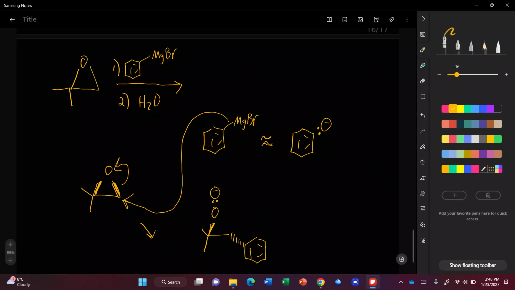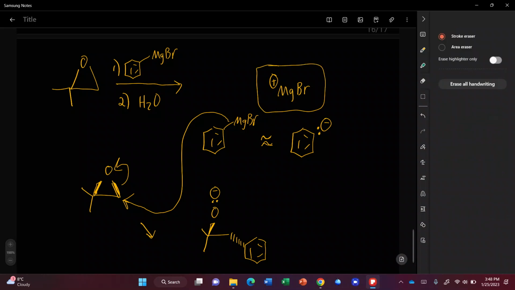Whenever you're doing a mechanism with Grignard reagents, by the way, you'll notice that the MgBr is now just MgBr+, and it's just floating around. You don't really need to worry about what the MgBr does. It's a very, very non-reactive cation, so it doesn't do any chemistry that we would actually be interested in.